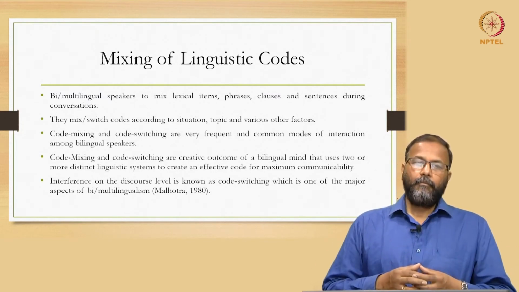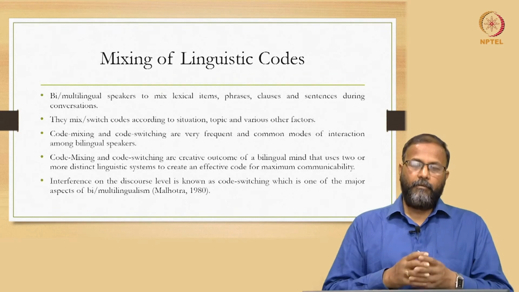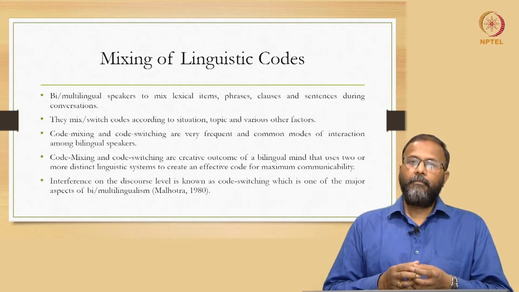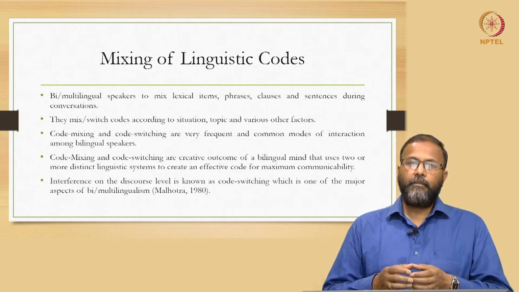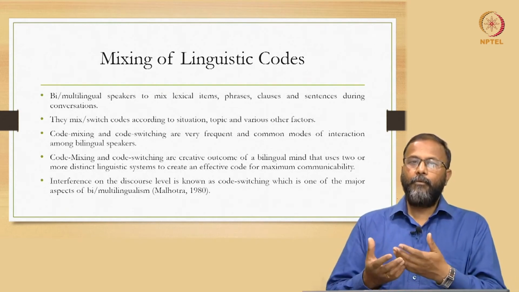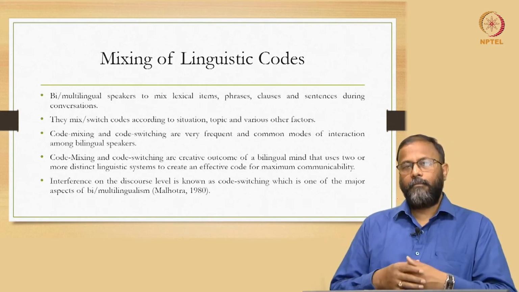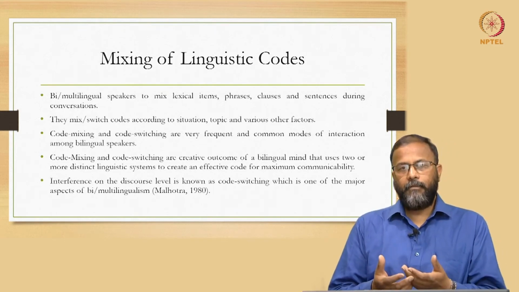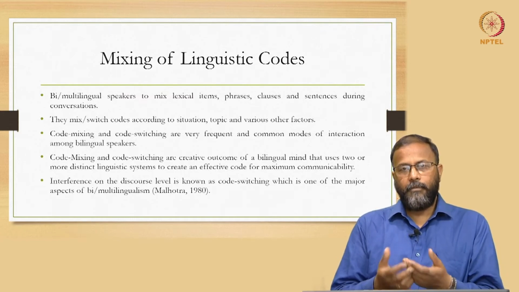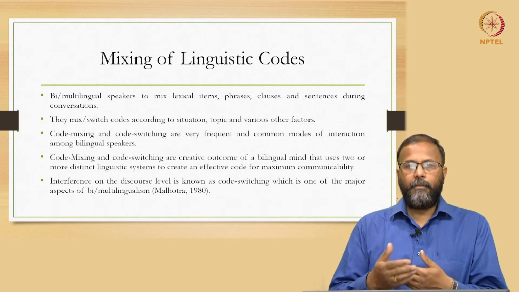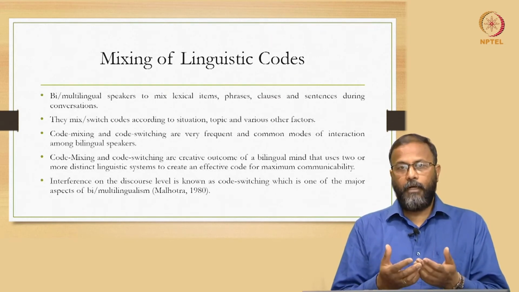One, because language A lacks certain expressions, concepts and ideas, you have to borrow it from language B and you use those terms in language A. That means language A has a certain deficit of expressions, and that's why it is compensated from language B. There may be one argument for this.